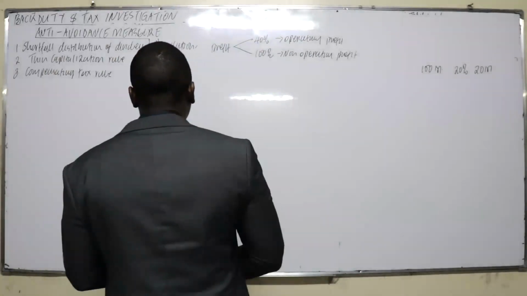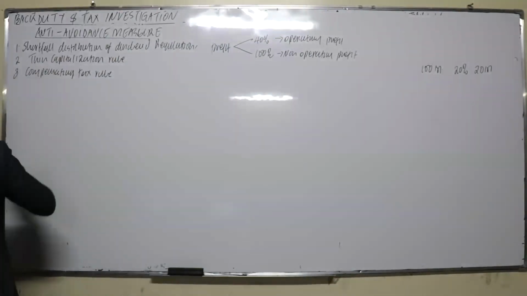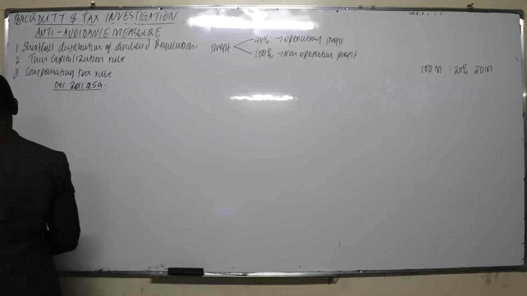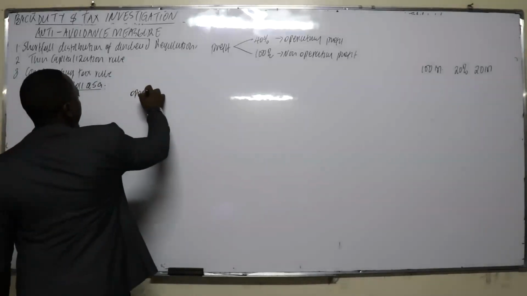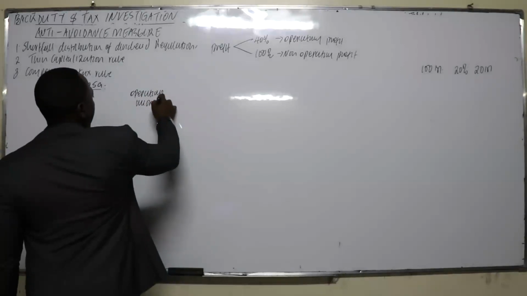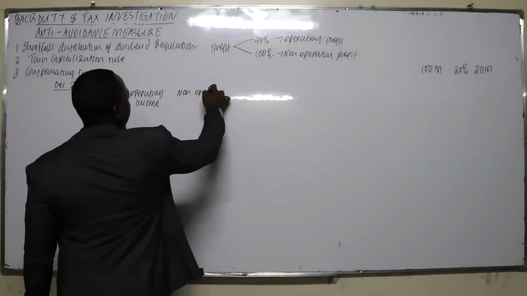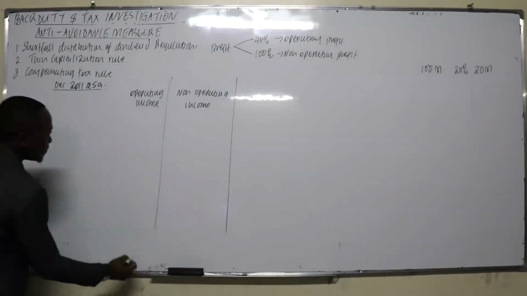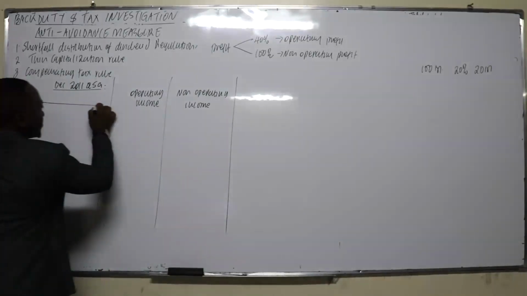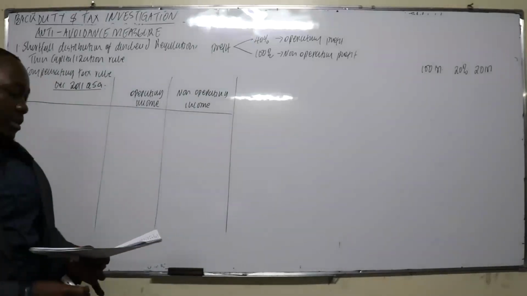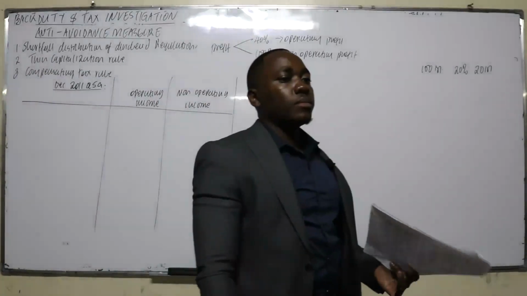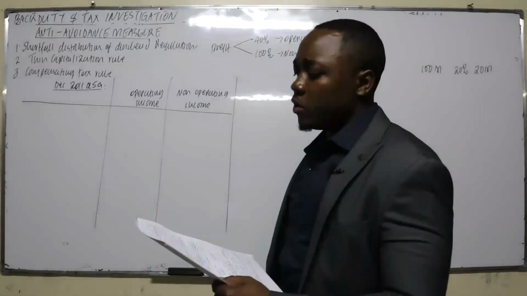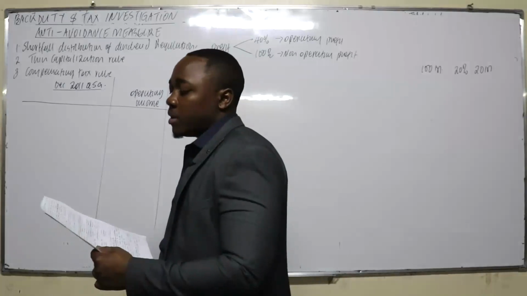December 2011, question 5A. The following information relates to Maji Mazuri Limited for the year ended 31st December 2010.